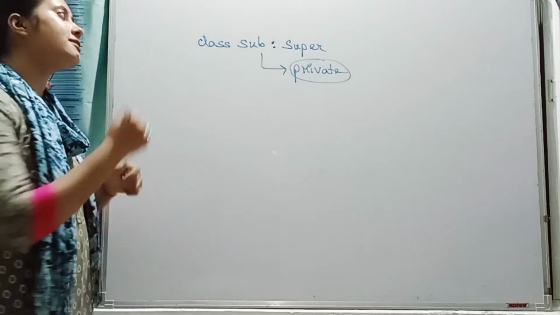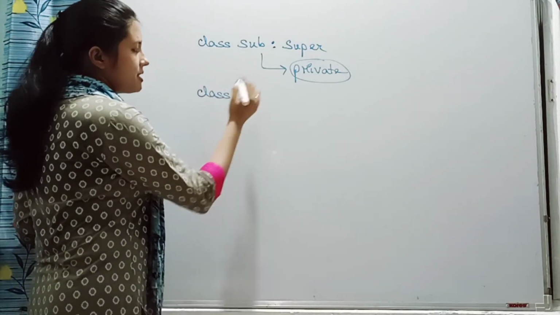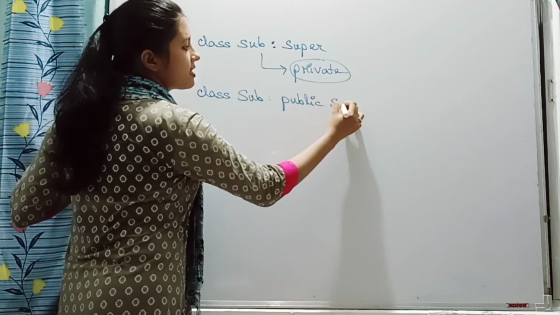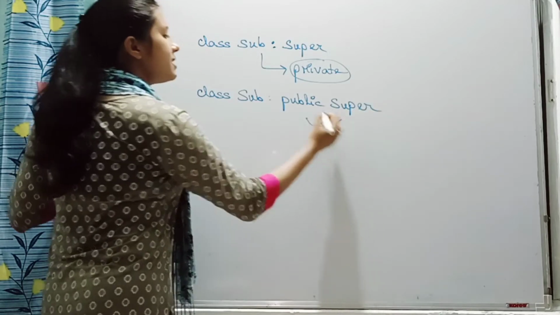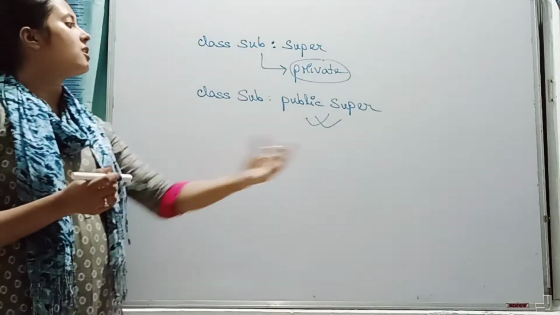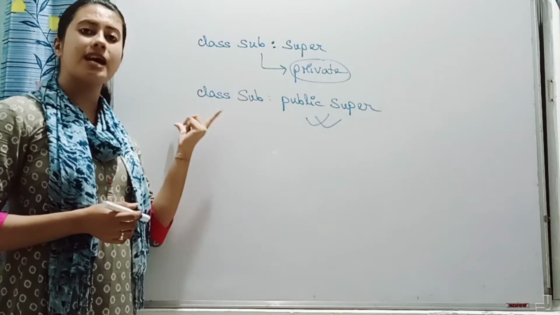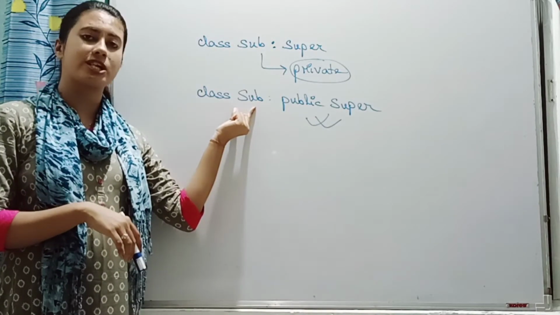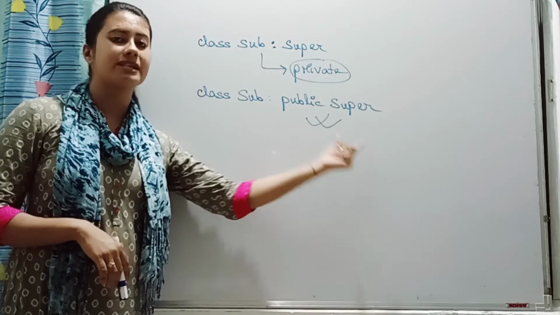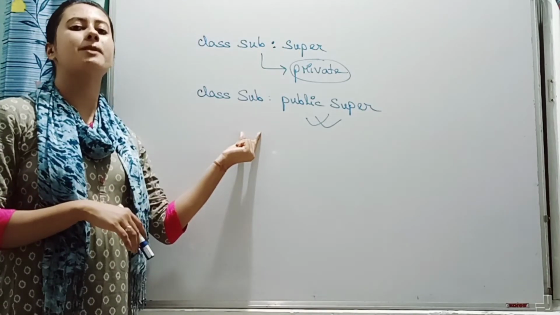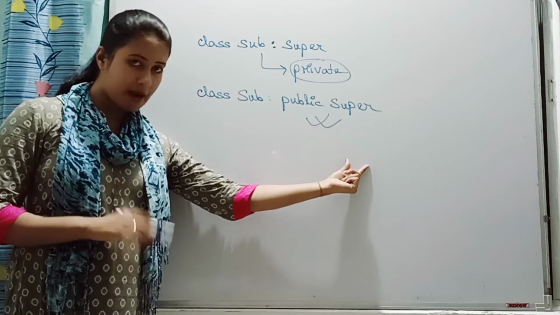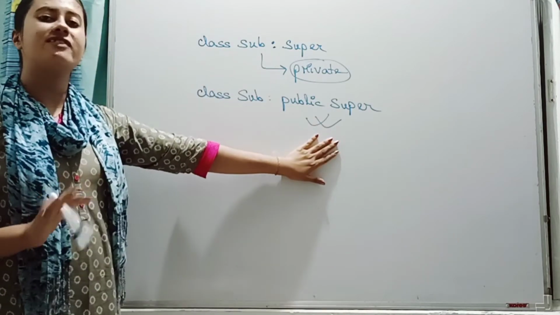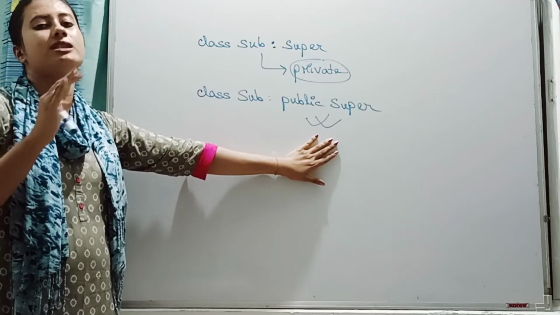So it is better to derive a class publicly, because then all the members which are protected in the superclass stay under the protected section in the subclass. If they are under the public section in the superclass, then in the subclass also they will be under the public section, and if they are in the private section of the superclass, then in the subclass also they will be in the private section. So this is the advantage of having the visibility mode public.